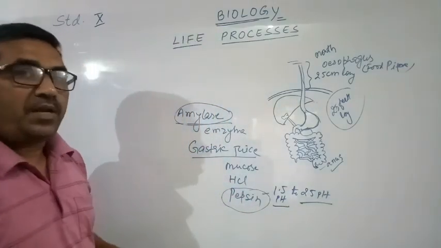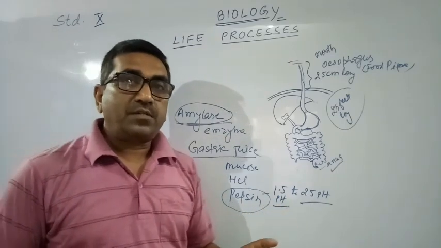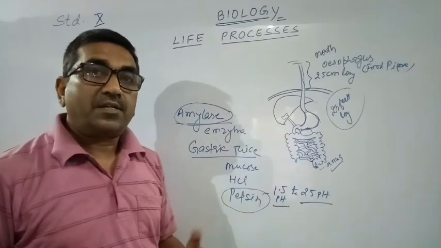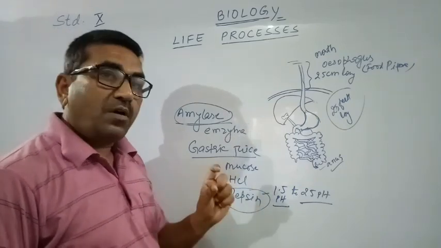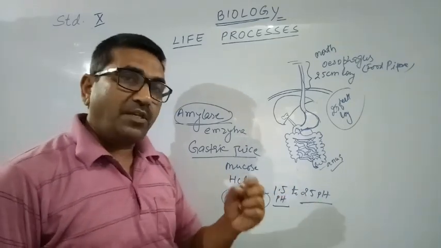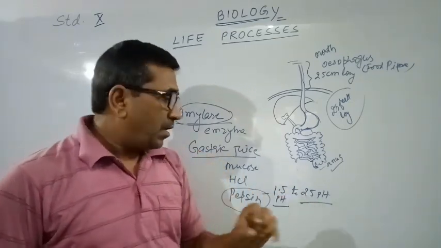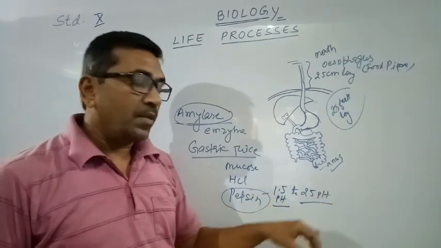You will go through this in chemistry. pH, potential of hydrogen, is regarded as the intensity and strength of the acid. So pepsin works in the acidic medium. If we take the average, it is about 2, but it ranges from 1.5 to 2.5.